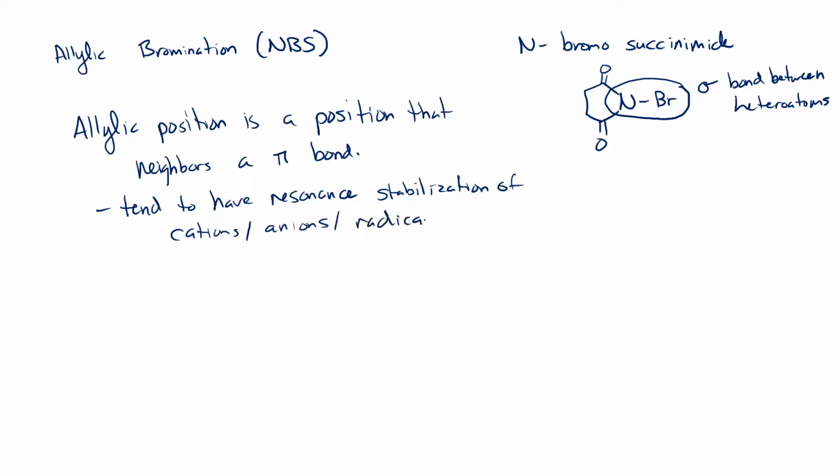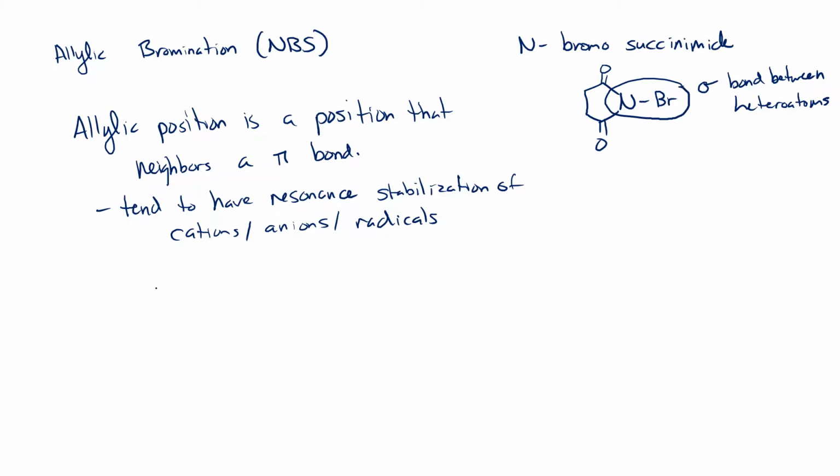And so allylic positions in general are going to be more reactive than other positions because if you make a positive charge at that position, you can have resonance stabilization. If you make a negative charge, you can have resonance stabilization. And important for us today, you can also resonance stabilize a radical at that position.